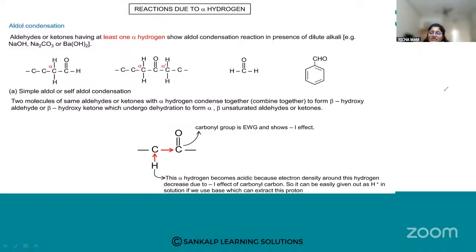One is the simple, or self, aldol condensation, where the aldol condensation takes place between similar or the same molecules. The other is the cross aldol condensation. So let us see.